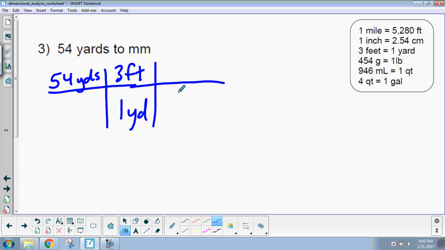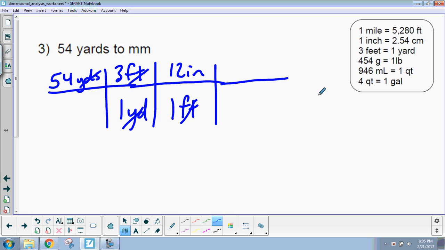Yards cancel. 1 foot equals 12 inches. Feet cancel. 12 inches for every 1 inch, 2.54.